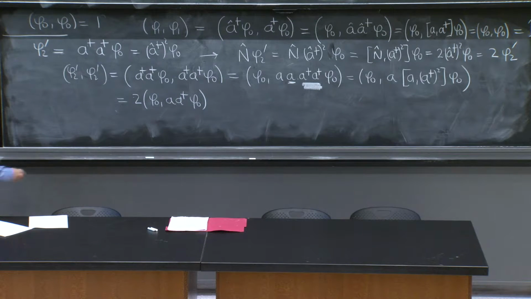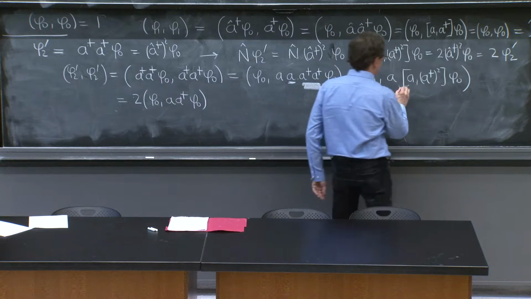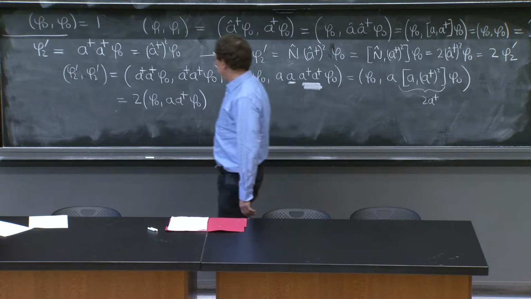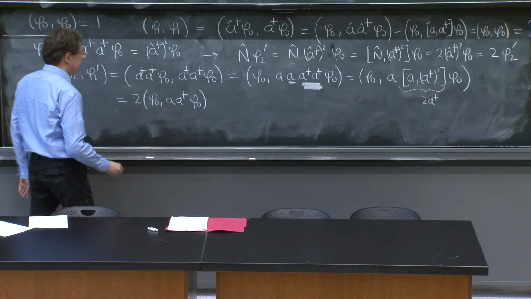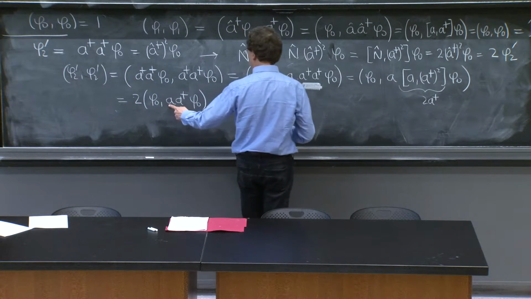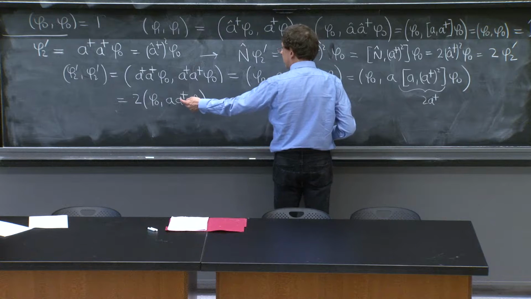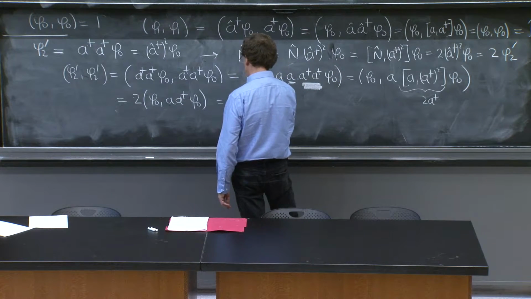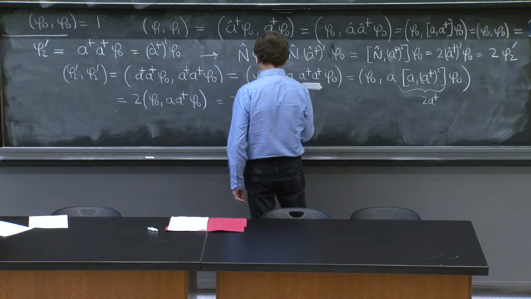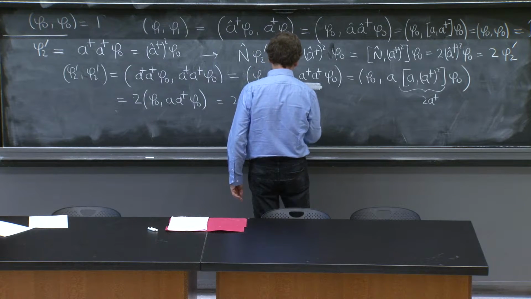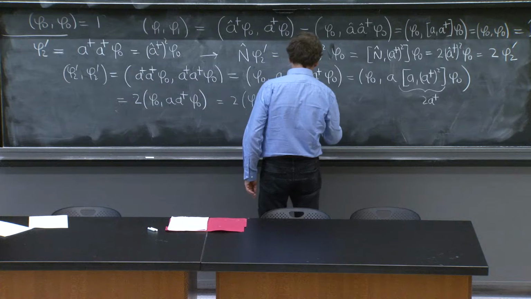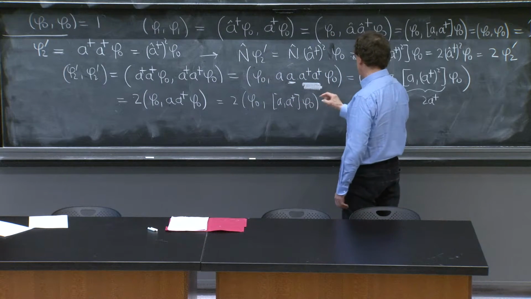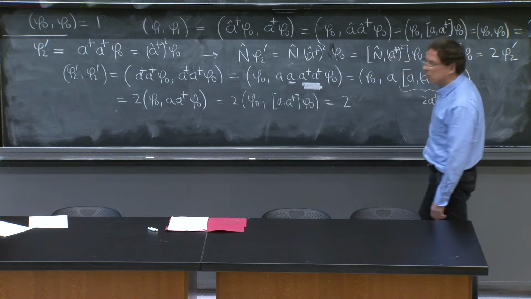So this is supposed to be 2 A dagger. So that's what I did. And again, A wants to act on phi 0, and it's just blocked by A dagger, but you can replace it by a commutator. A with A dagger, phi 0. And this is therefore a 1, so this whole result is a 2.